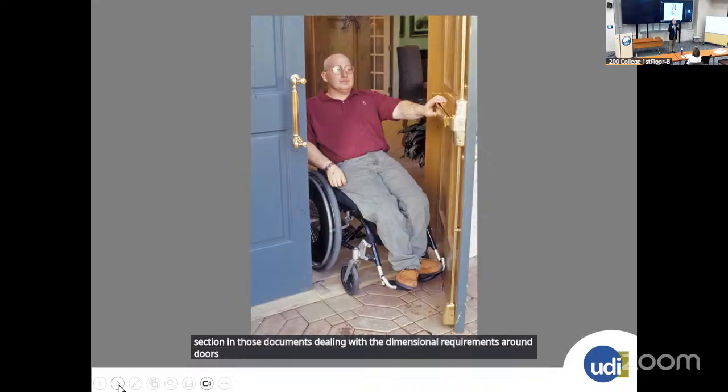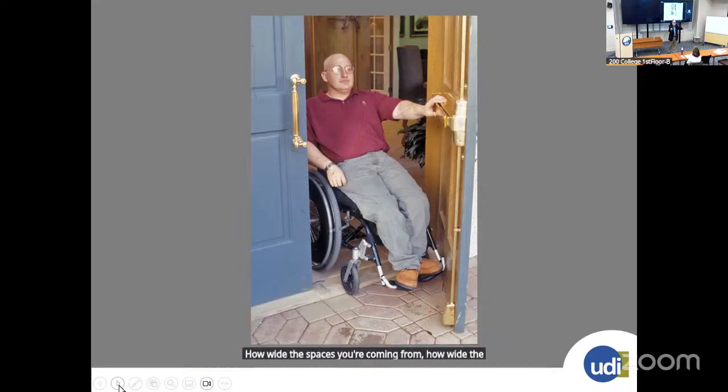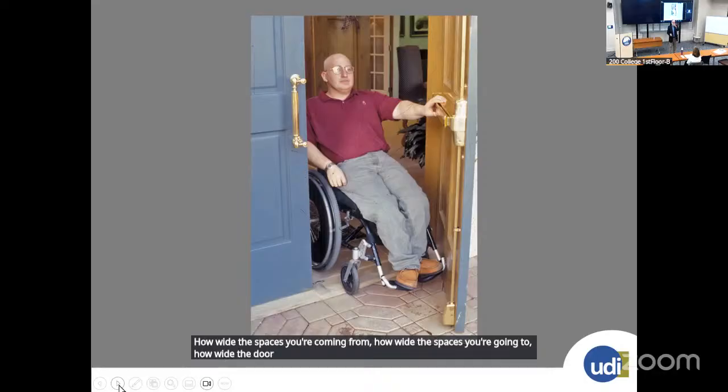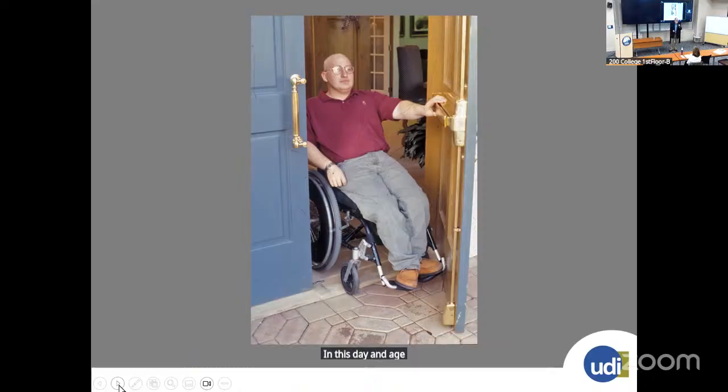It's bewildering and complicated. How wide the space is you're coming from, how wide the space is you're going to, how wide the doorway is, which side the hinge is on. Very complicated. The design manual deals with that somewhat, but you're really going to have to refer to the more modern documents for the full coverage and the real requirements in this day and age about how you need to accommodate that.